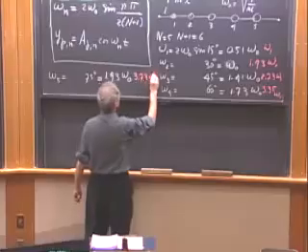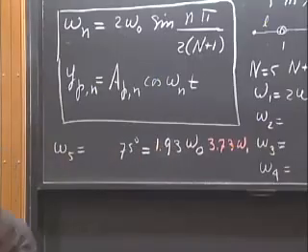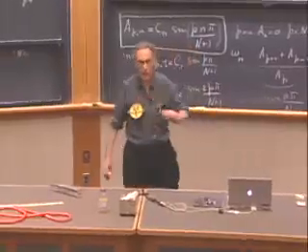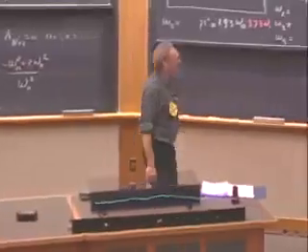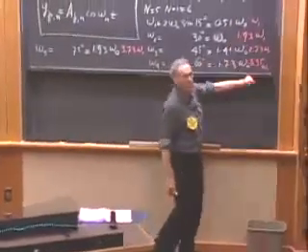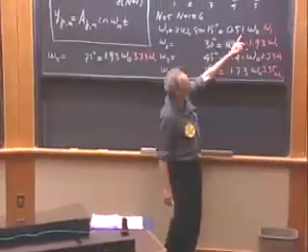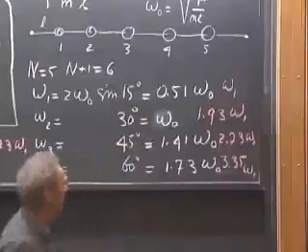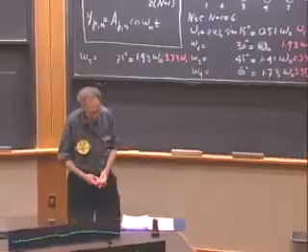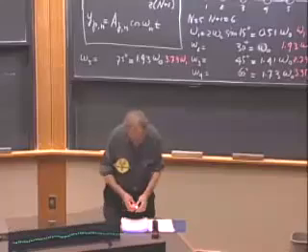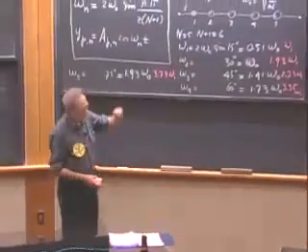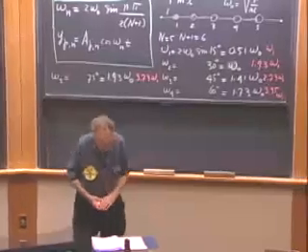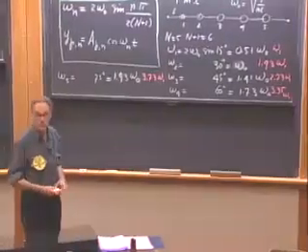So the bottom line is that the ratios of these frequencies are not at all very nice numbers, as you may have expected, but the ratios are quite bizarre. 1.93 times higher than the lowest one, 2.73 times higher, 3.35 times higher, and 3.73. And so the general solution to that system is then the linear superposition of all these normal modes.